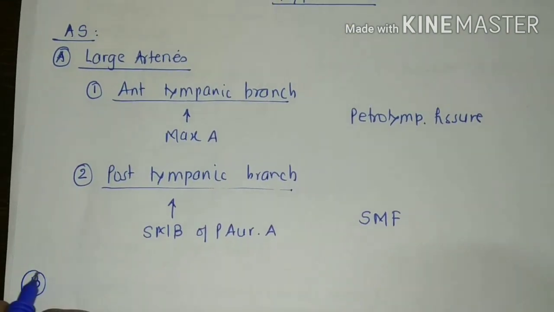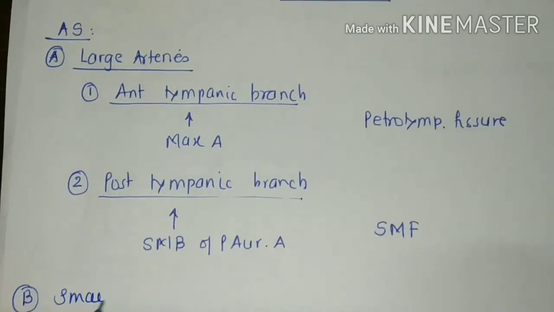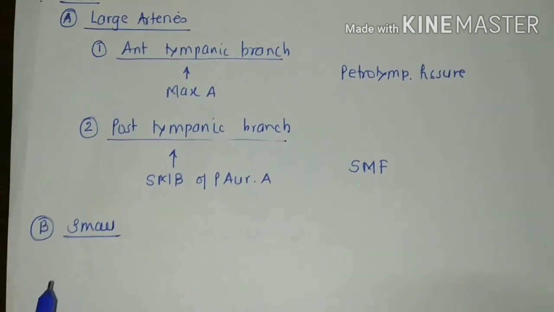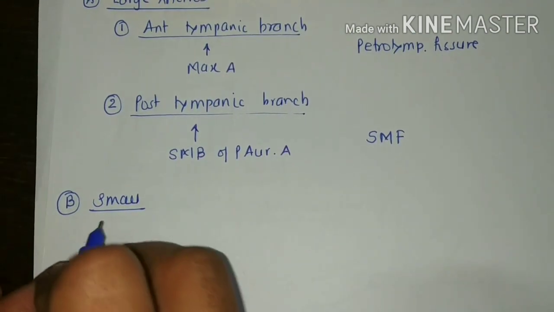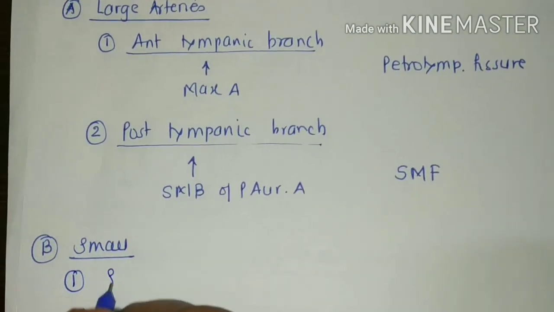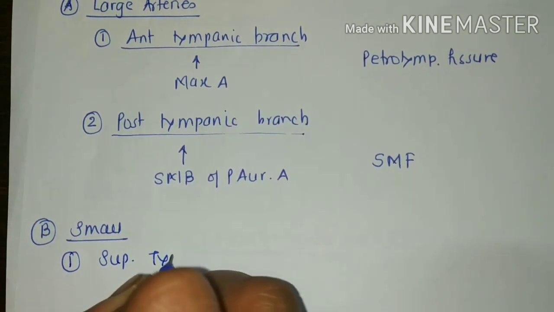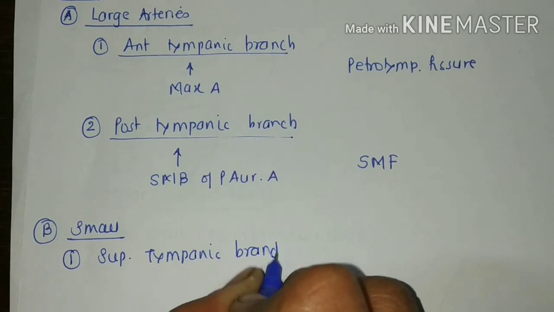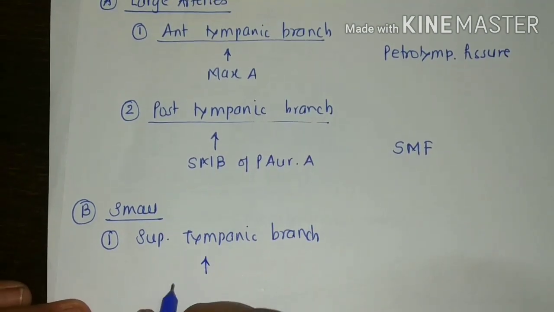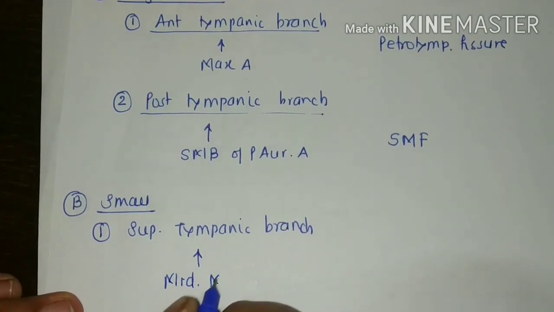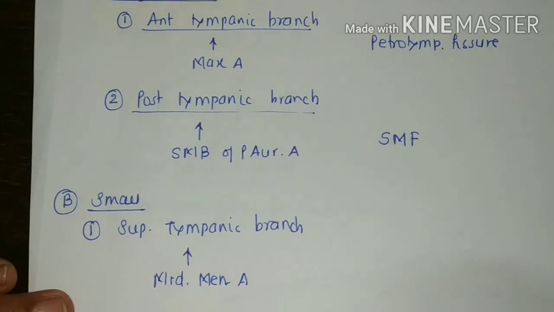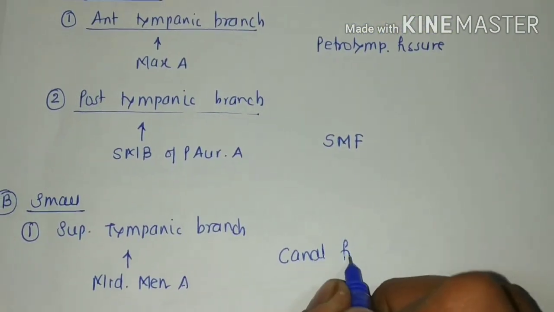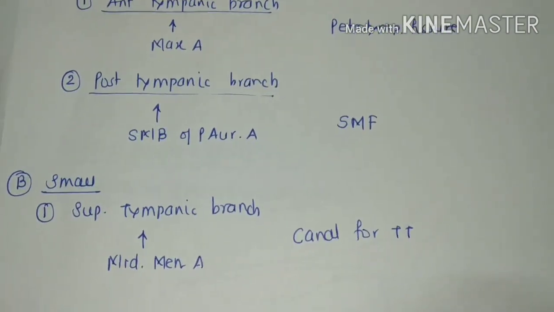Now coming to the small arteries. So in the small arteries there are about 5 arteries. So first is the superior tympanic branch. It comes from middle meningeal artery and it enters through canal for tensor tympani muscle.